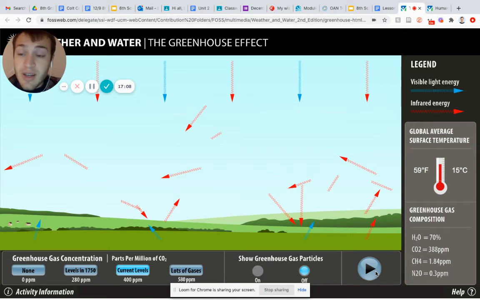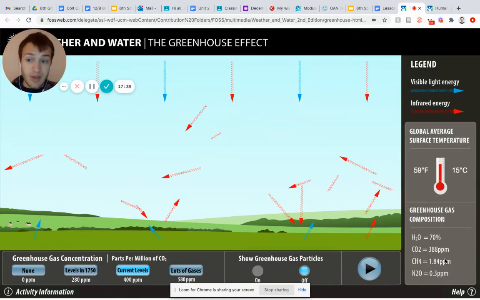Okay, so there's something that I noticed here. Underneath current levels, where I selected current levels of greenhouse gases, the concentration is 400 parts per million. If you look over here on the right, it actually says carbon dioxide is 388 parts per million. And that's because there are a lot of different greenhouse gases. Carbon dioxide is the main one, or it's the one that we have the most of in the atmosphere.